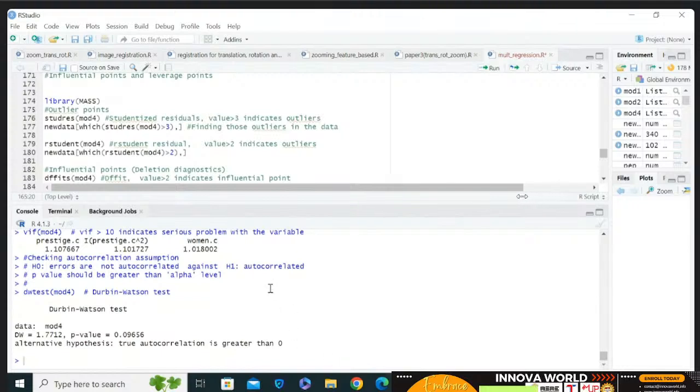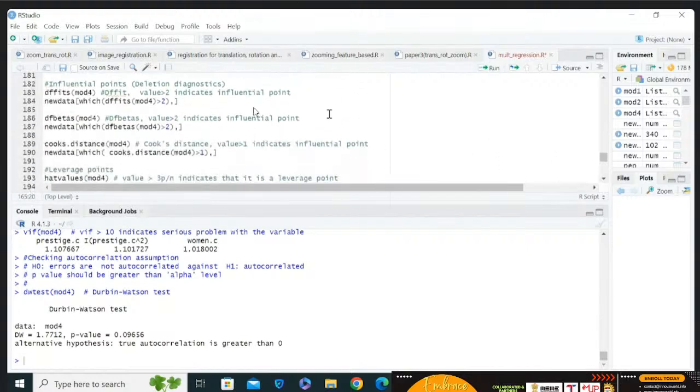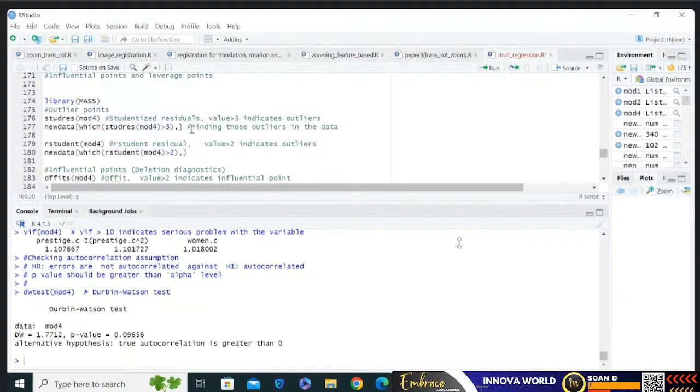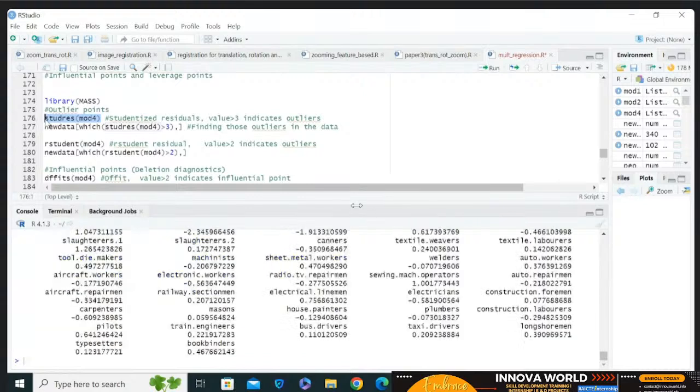There are several kinds of residuals in the literature: studentized residual, R-student, DFFITS, DFBETAS, Cook's distance. We'll be discussing two or three, say the studentized residual. So let's check for the studentized residual. We do not know yet what these values mean.